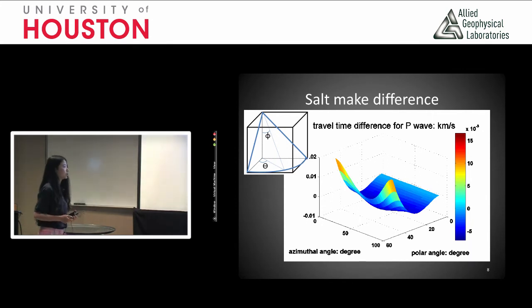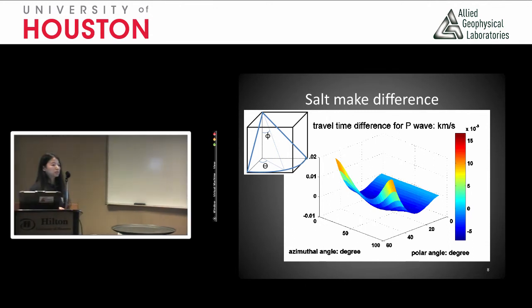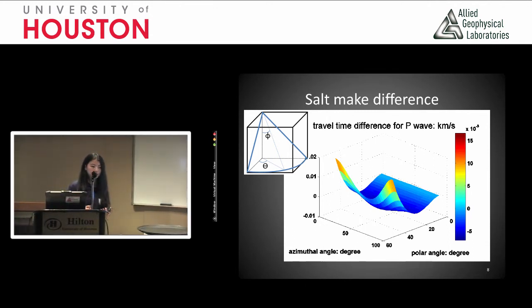If you're interested, we can discuss later. This just gives the impression of how much difference this cubic symmetry could make. And actually, the 1 kilometer thickness is very realistic, because there are a lot of salt basins over 3 kilometers thick in Brazil. So 1 kilometer is realistic.